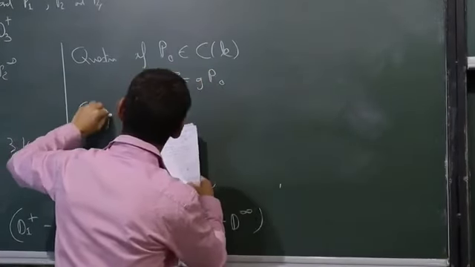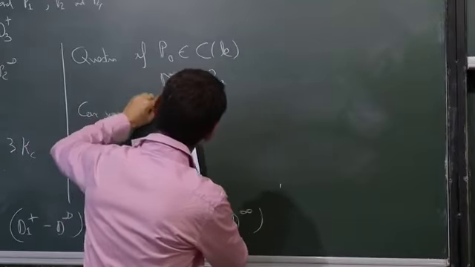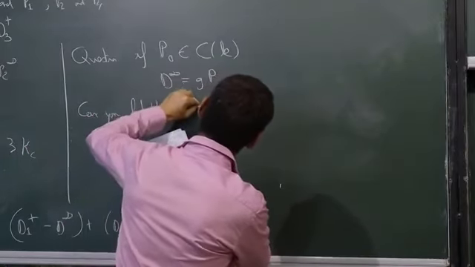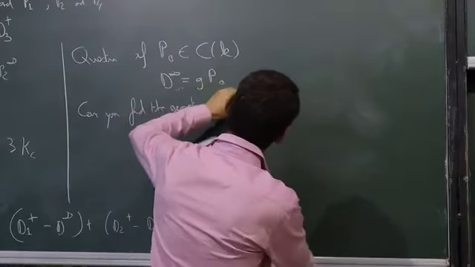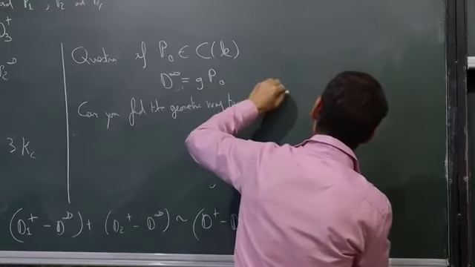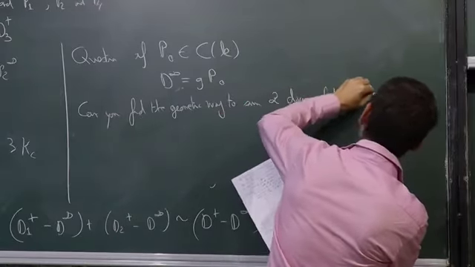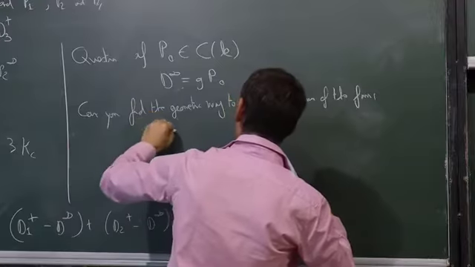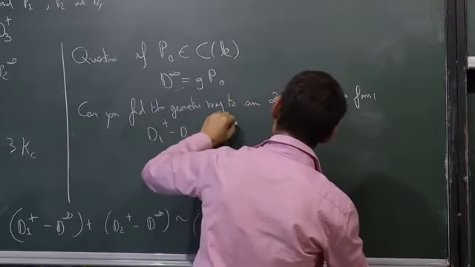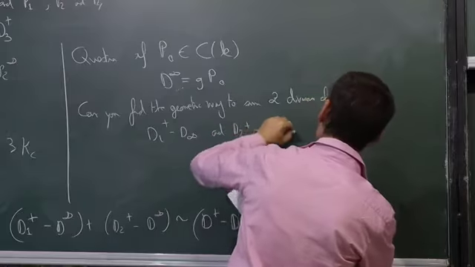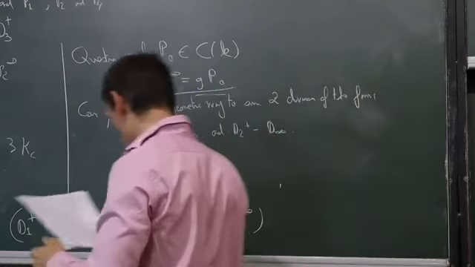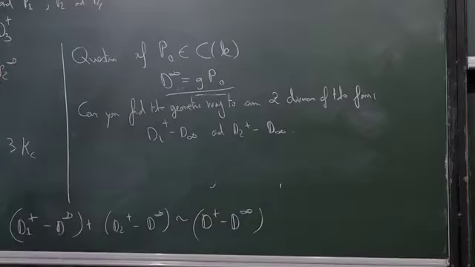Can you find the geometric way to sum two divisors of the form D1 plus minus D infinity and D2 plus minus D infinity with this definition now of D infinity? You will probably need to go through the point P0, I mean find curves that go through the point P0 with very high multiplicity of intersection.